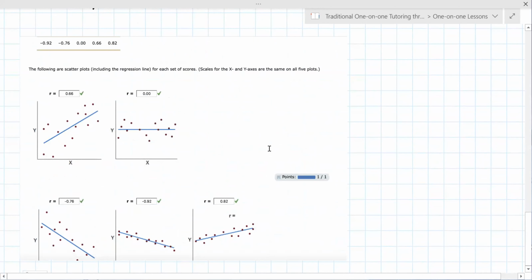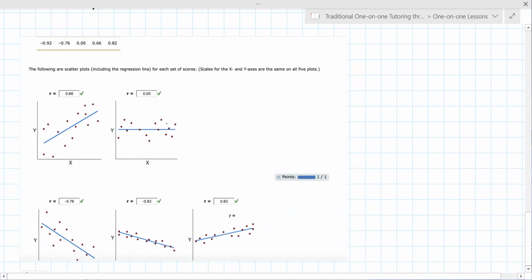The following are scatter plots, including the regression line. So your question is how you figure out which one goes with which number. It's a little bit of a process of elimination.